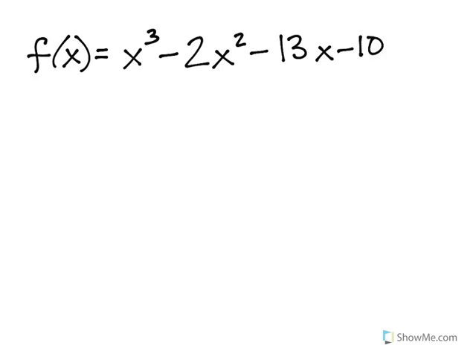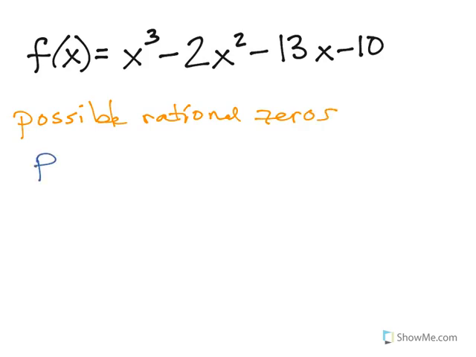So again, our polynomial function here, f of x equals x cubed minus 2x squared minus 13x minus 10. And we are going to find the possible rational zeros. So that is our first step. Now you might recall that finding your possible rational zeros is taken by the factors of p over the factors of q.